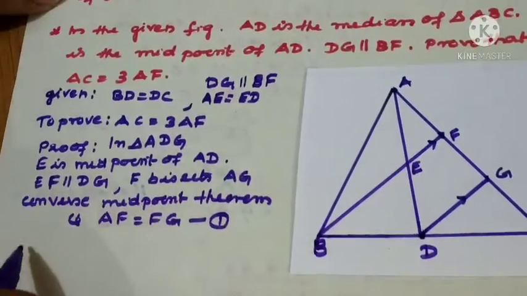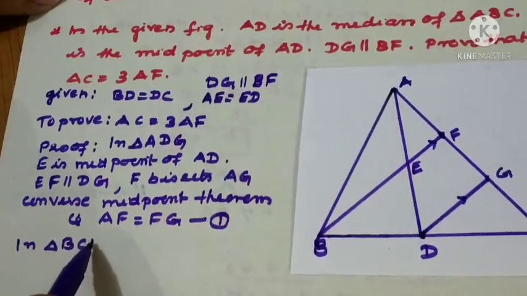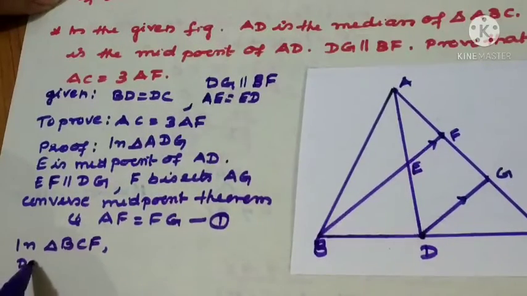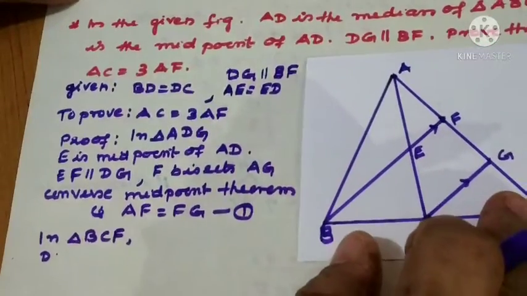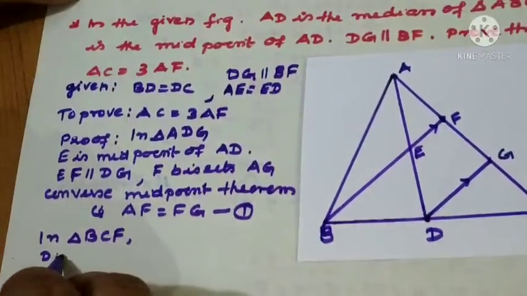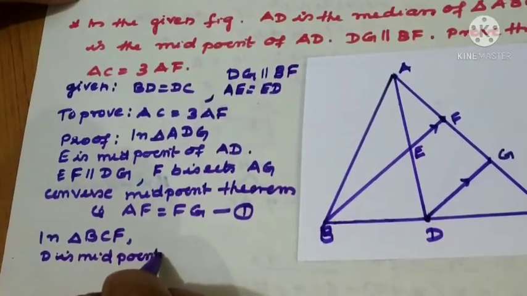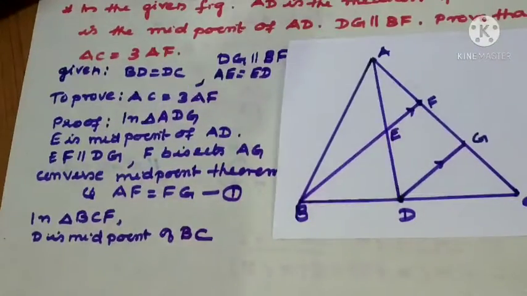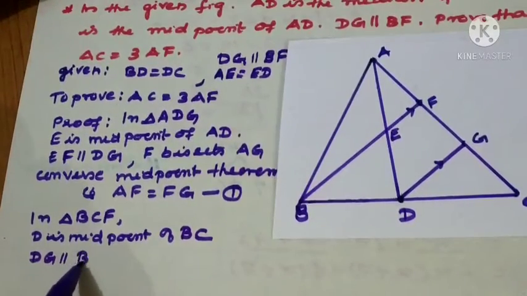In triangle BCF, D is the midpoint of BC, and DG is parallel to BF.